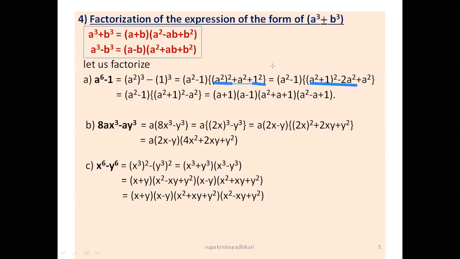A square plus b square is equal to a plus b whole square minus 2ab, which is equal to a square minus 1 as it is. Now inside the another bracket you can see a square plus 1 whole square minus 2a square plus a square. That is, like terms are these, so you can simplify it and you get minus a square.